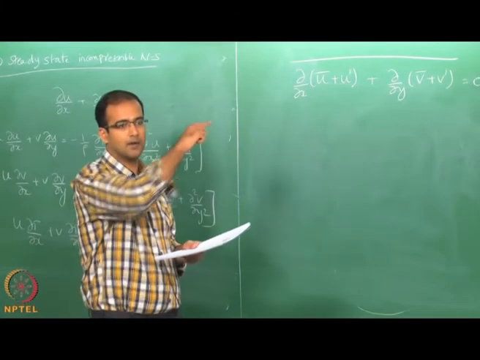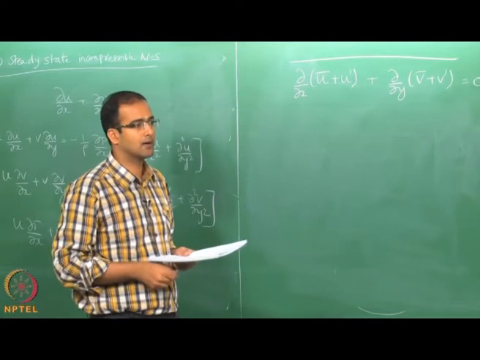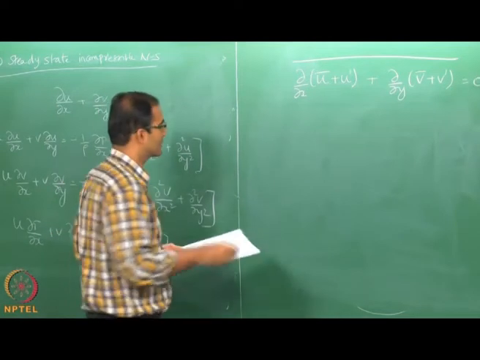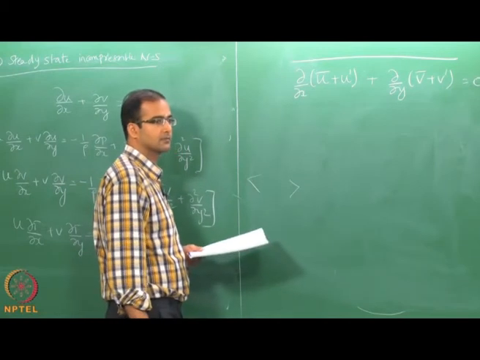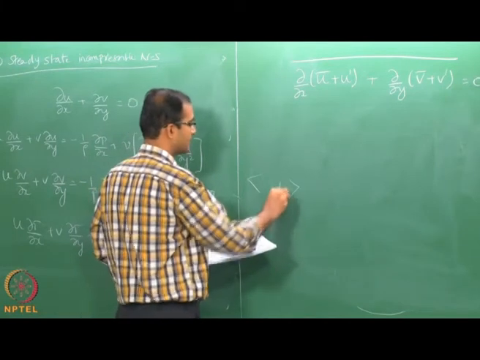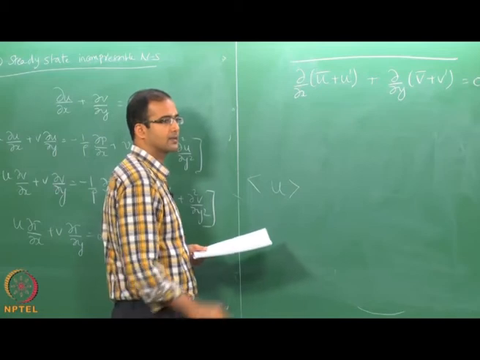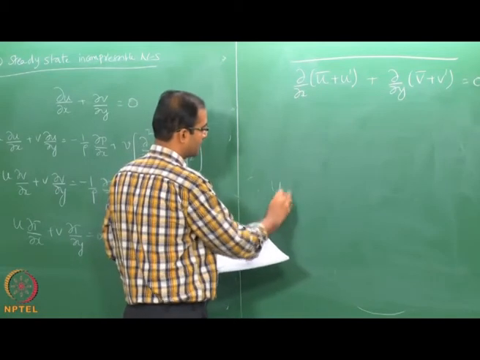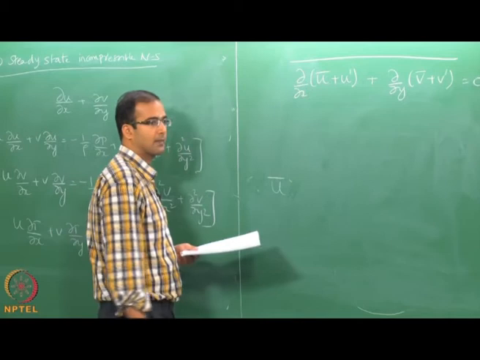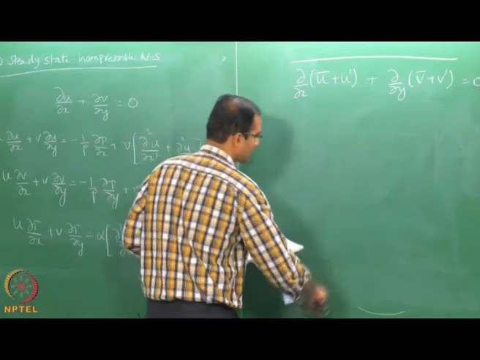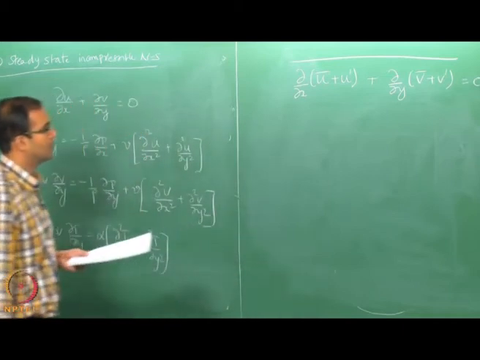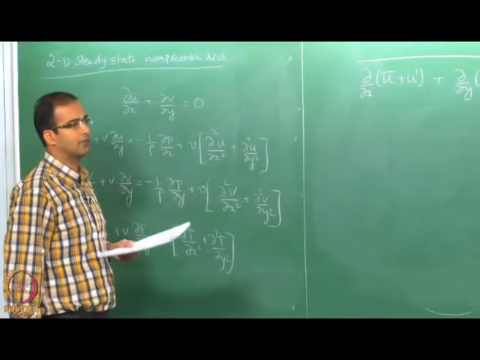For example, time average is given by an over bar, and ensemble average is given by this kind of parenthesis. So, if you write like this, it is an ensemble average, and if you write like this, it is a time average. Now, how do you write this? Use the rules of averaging and tell me.